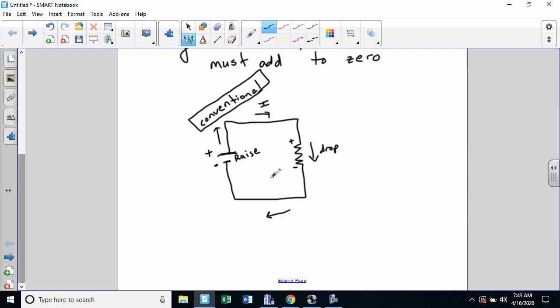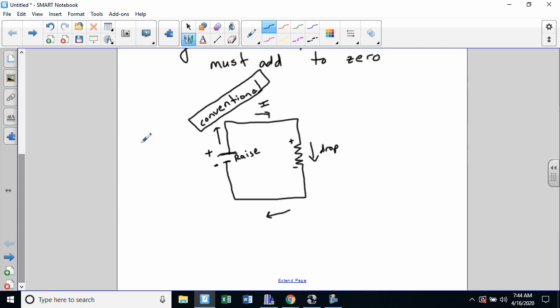This is really important because when you get to some very challenging circuits, you might have multiple batteries and multiple resistors, and it is very possible that the circuit is so complex that you can have current going against the battery, in the wrong direction as the battery is oriented, or you might go around a closed loop and there's no way for you to close the loop without accidentally going in the opposite direction of the current. In those particular cases, the resistors themselves are going to have to be treated as a raise in energy.